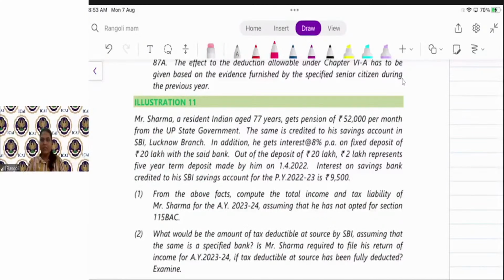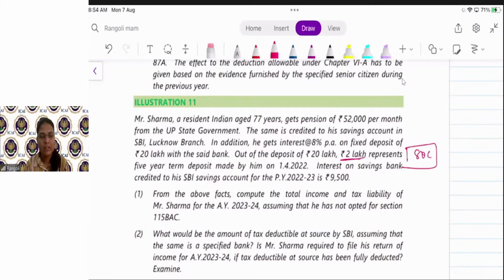Out of the deposit of 20 lakh, 2 lakh represents a 5-year term deposit made by him on 1st April 22. So can we consider this 2 lakh as deduction under section 80C, 5-year term deposit? Yes or no?